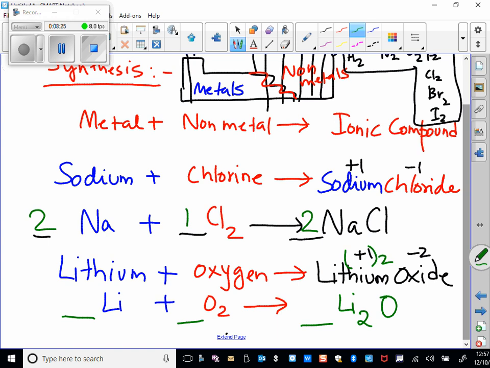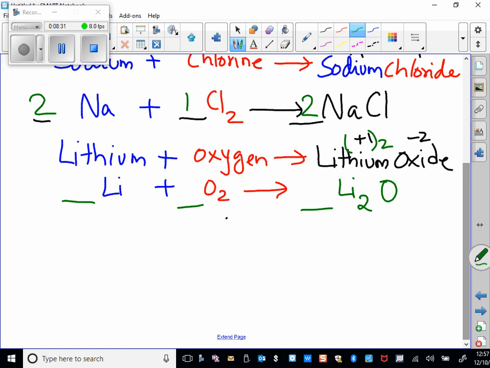That is incorrect. It's Li2O. And so then you take care of the equation by balancing it. Are we good? So lithium is a 2. Oxygen needs to be a 2. Lithium will become a 4 and that is a 1. That is my balanced equation.